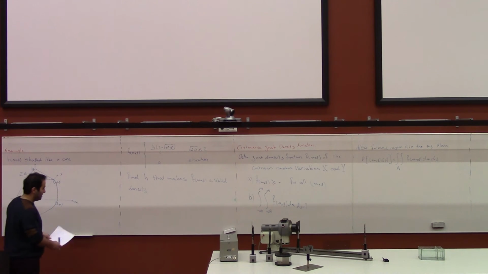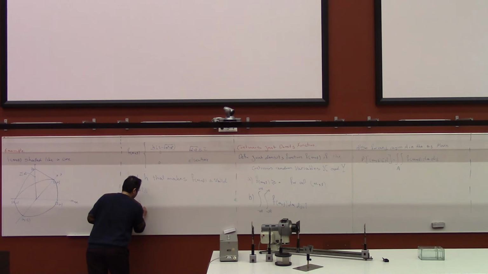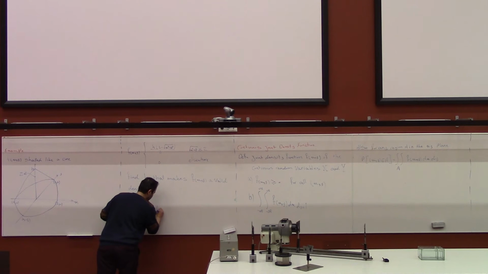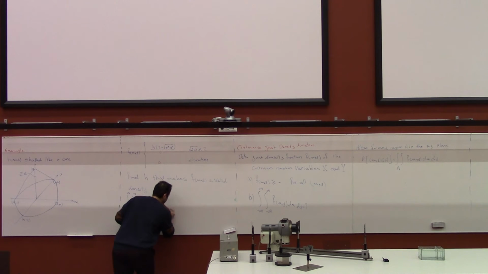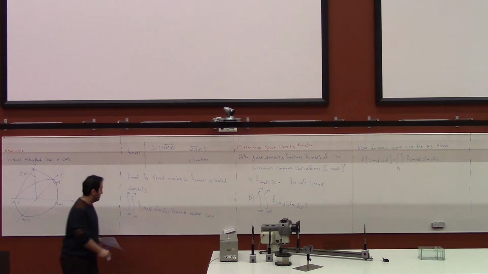We know that this integral, from minus infinity to infinity, from minus infinity to infinity, of f(x,y) dx dy is equal to the volume under the cone.